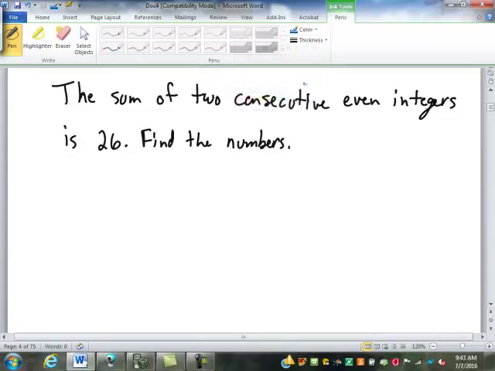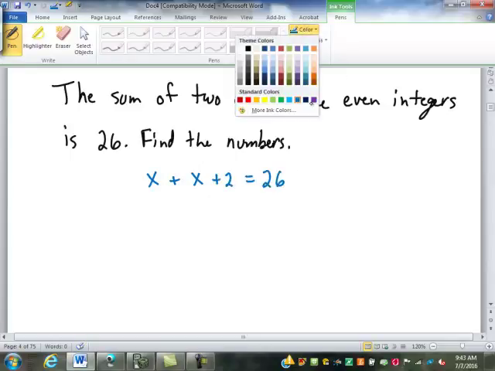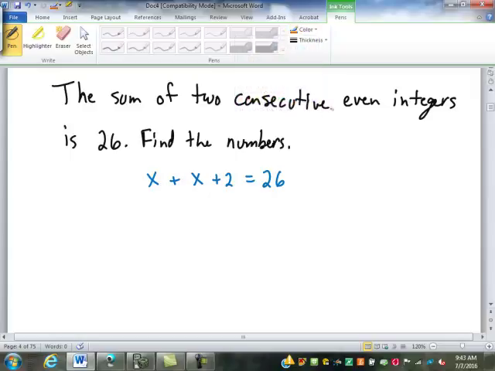So I'm just going to go ahead and write this out. The sum means they're added together. So if the first one is x, the second one would be x plus 2. So then what would happen? Well, we combine the x's. x and x make 2x plus 2 equals 26.